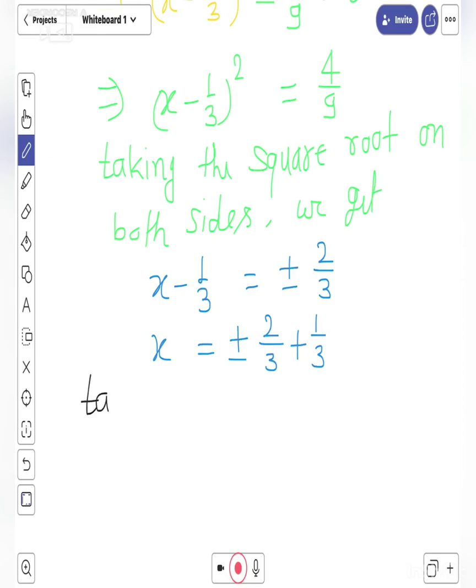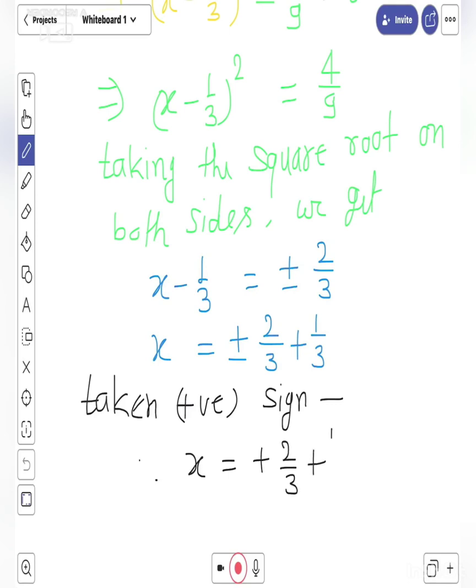So what will you get after this? Yes, you will get, taking the positive sign, x equal to plus 2 by 3 and plus 1 by 3.